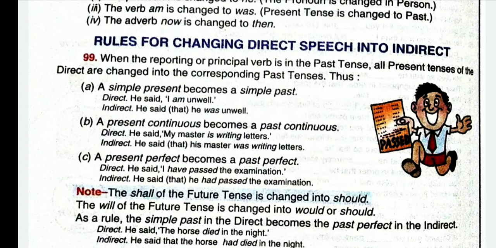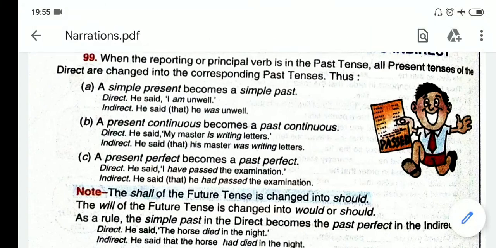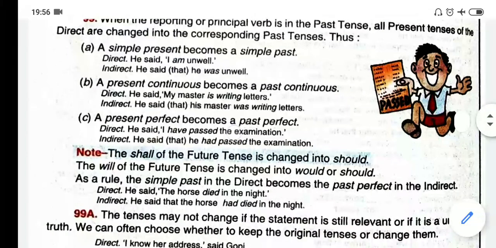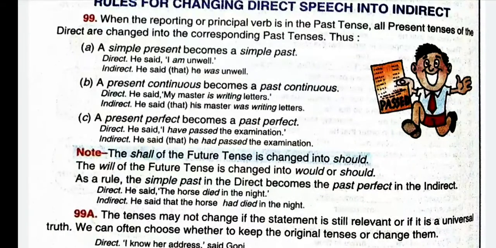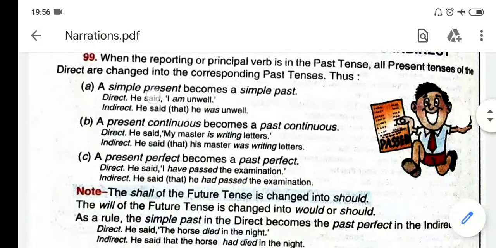And that will only happen if your principal verb or your reporting speech that is outside the inverted commas is in the past tense. तब ये changes आएंगी, otherwise these changes will not take place. If this reporting speech is in the present tense or in the future tense, then the speech inside the inverted commas, or the reported speech, will not change.